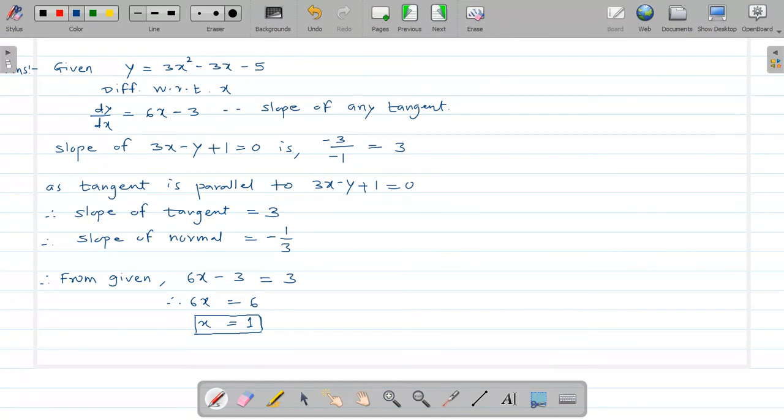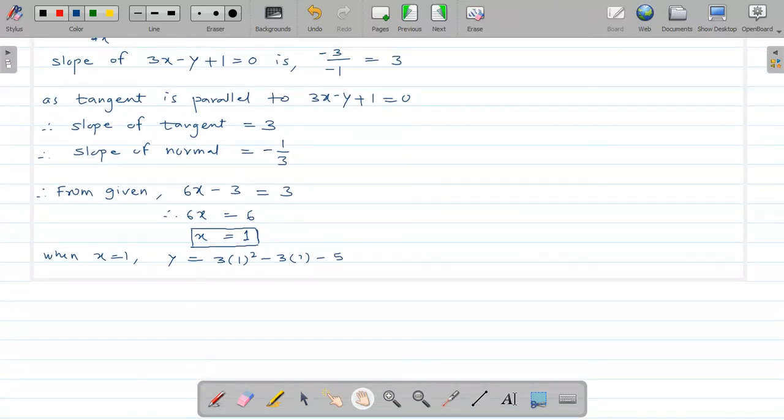Now if you put the value of x is equal to 1 in that y is equal to 3x square minus 3x minus 5, you will get value of y. So when x is equal to 1, you have to find out value of y. So y is equal to 3 into 1 square minus 3 into 1 minus 5. So it gives y is equal to, see here, 3 minus 3 minus 5, that implies y is equal to minus 5.